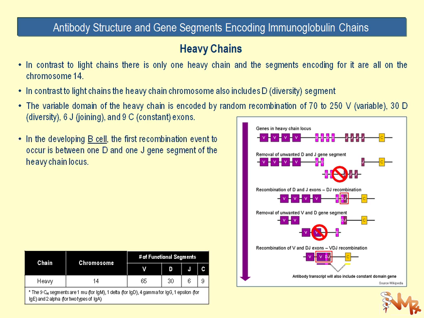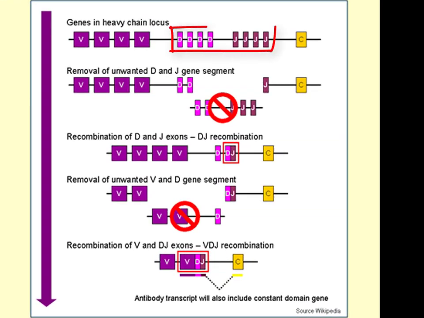In the developing B cells, the first and foremost recombination event is between 1 D and 1 J gene segment of the heavy chain locus, as you see in the diagram. Any DNA segment between these 2 gene segments is then deleted. The ones that we don't need, we delete.